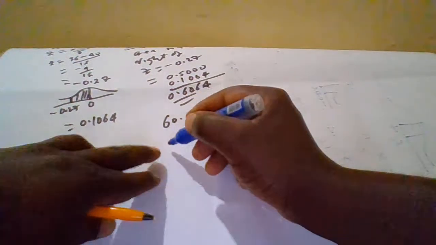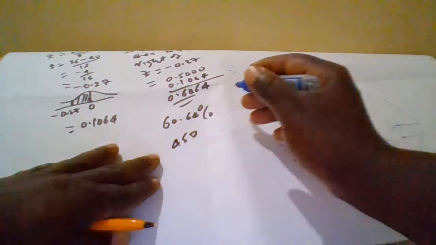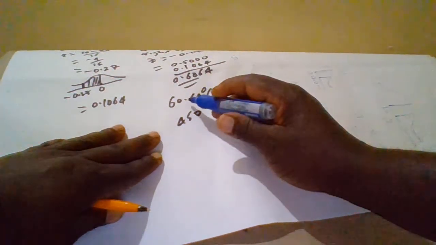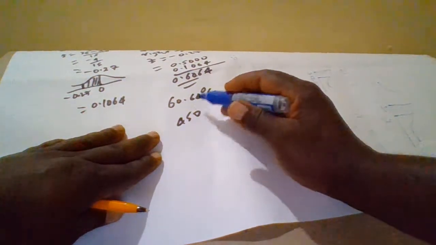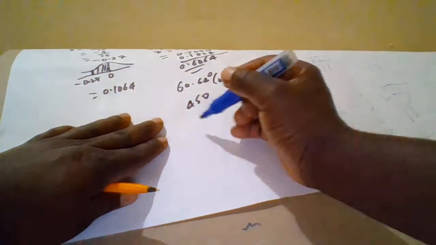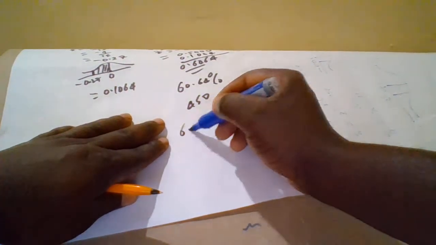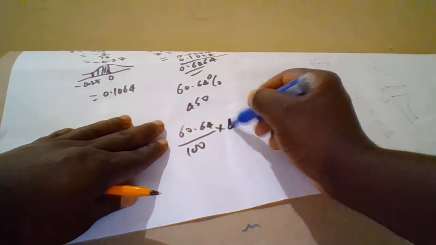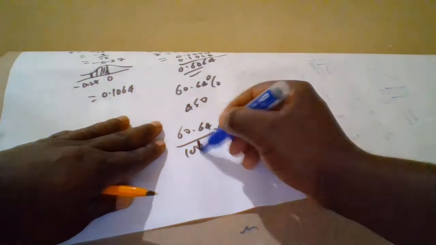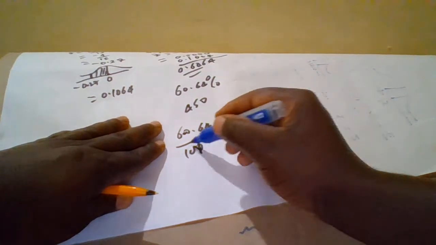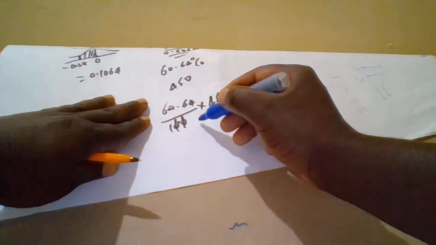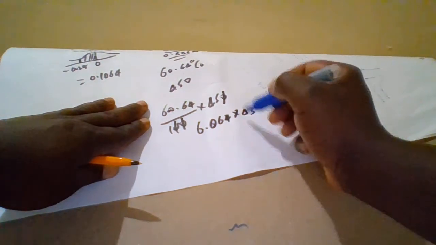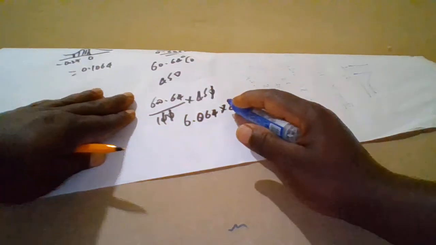But we know that the total number of students was 450. Therefore, to get the total number of students who passed the exam, we take 60.64% of 450. So it would be 60.64 over 100 times 450. So we have 6.064 times 45.